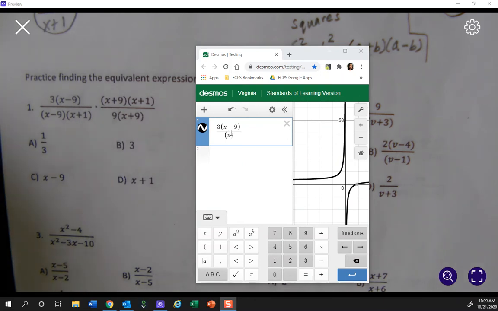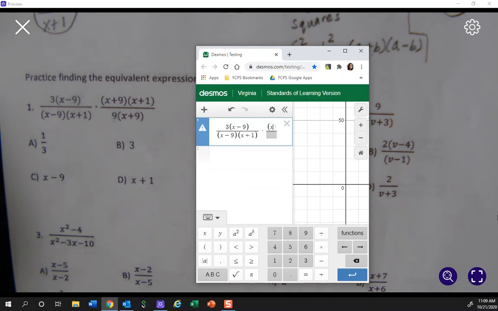And then you have x minus 9. And then x plus 1. I feel like this would be faster by just doing it by hand. X plus 9, x plus 1, and you have 9x plus 9.